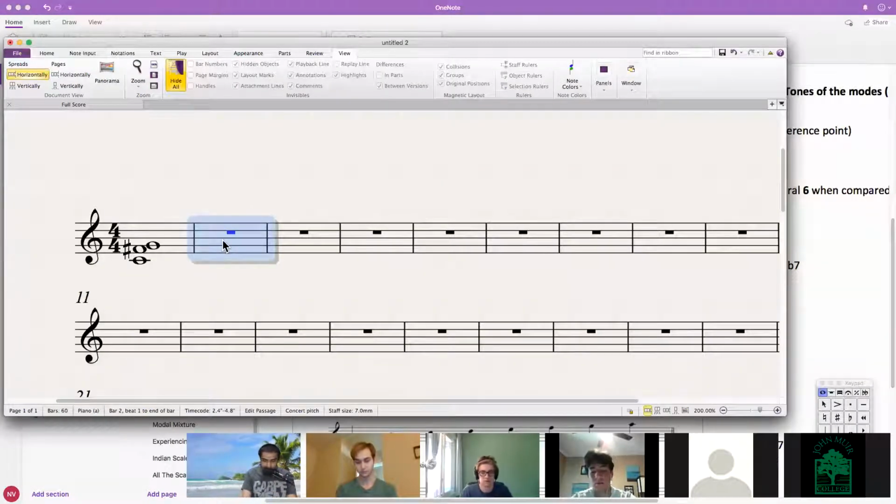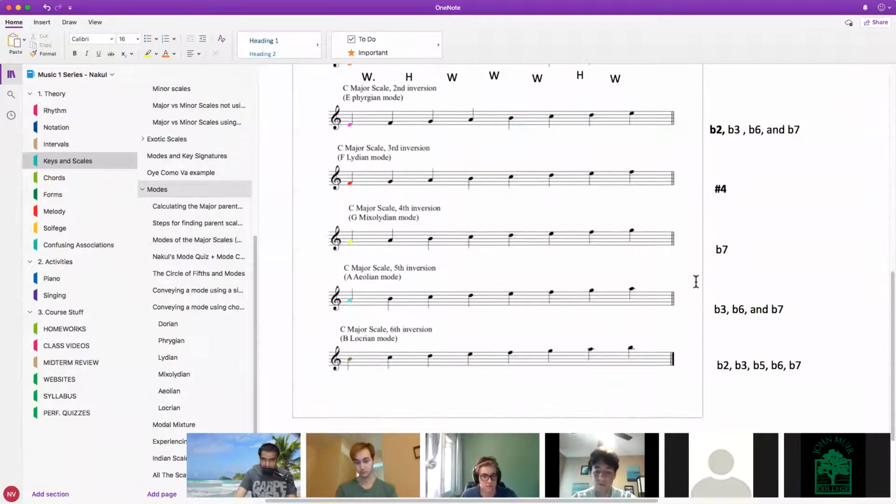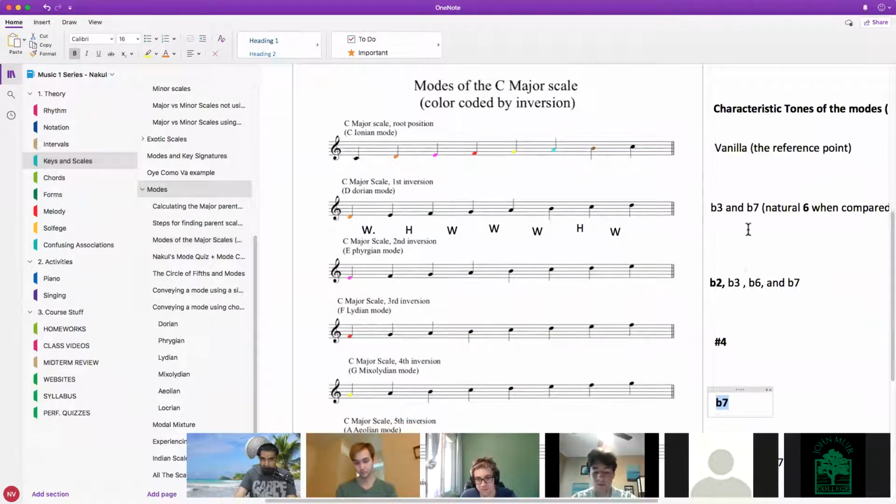Let's think about Phrygian really quickly. What's a very characteristic tone of Phrygian? Let me highlight these notes again. Phrygian has all these scale degrees: the flat 2, the flat 3, the flat 6, and the flat 7.